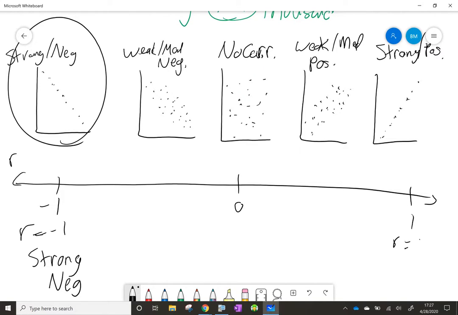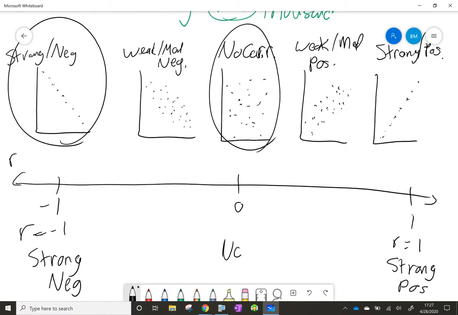Whereas R equals +1 is another strong correlation, but it's positive, meaning it's going in the upward direction. Now, the closer you get to 0 in either direction, the less correlation there is. So 0 is exactly no correlation. If R equals 0, that means you have absolutely no correlation.